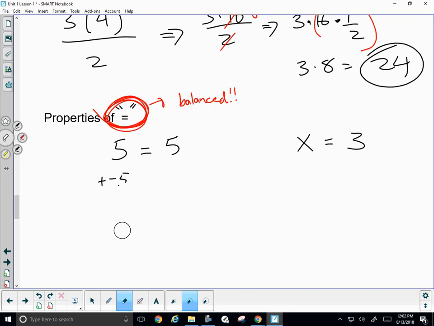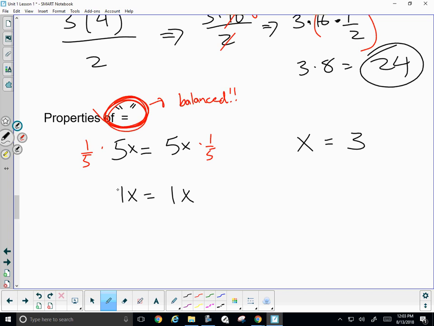Totally legal. Another thing we could do to essentially remove it, if I had a variable next to it, say I have an x and an x here, is multiply by a fifth, which is the same as dividing by 5. 5 times a fifth is 1. I have 1x here and 1x here. Well, we know that 1 times x is the same as just x, so the 5 has been removed. Okay, so that's important.